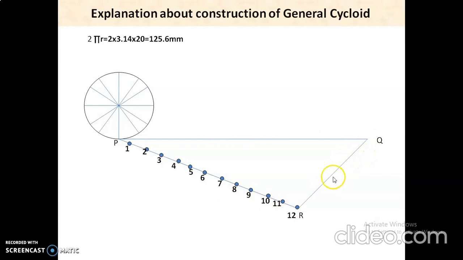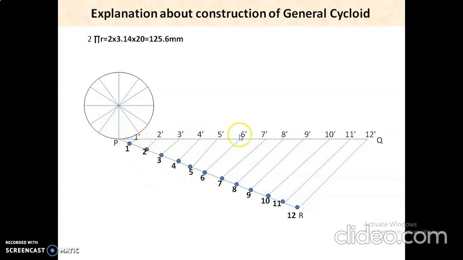Parallel to this line, draw other lines from 11, 10, 9, 8, 7, 6, 5, 4, 3, 2, 1. So we get 1 dash, 2 dash, 3 dash, 4 dash, and so on up to 12 dash. Now we have divided PQ into 12 equal parts by using the line dividing method.